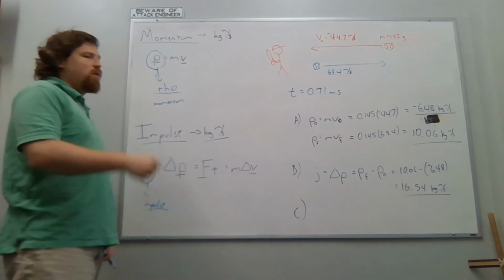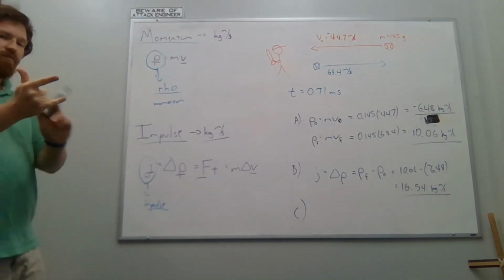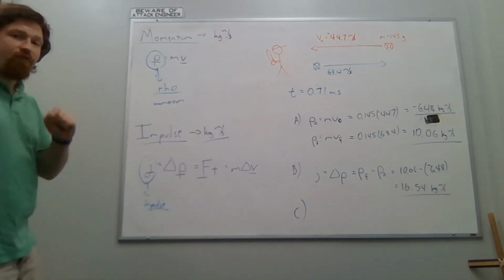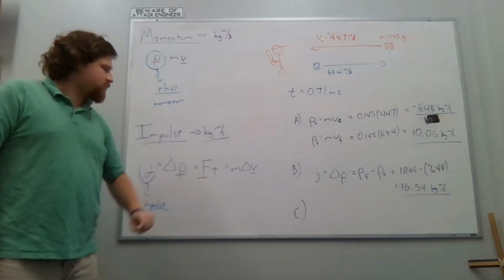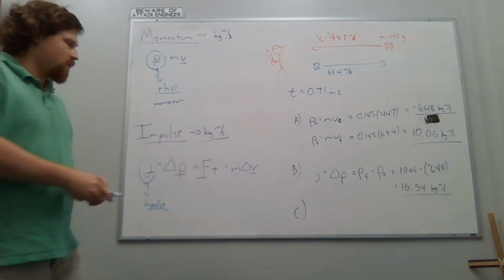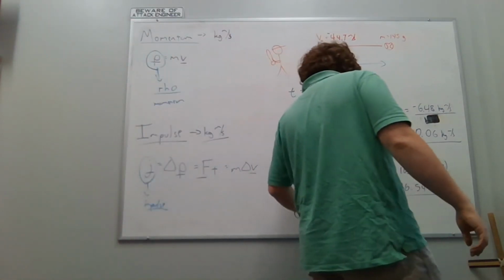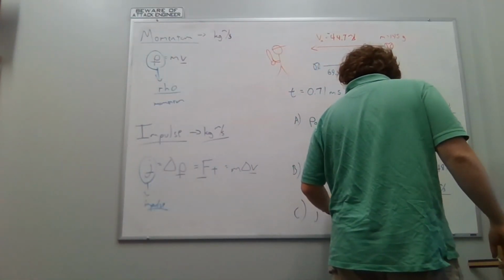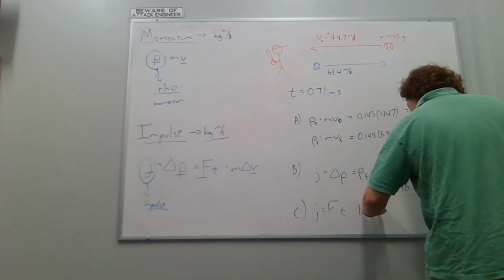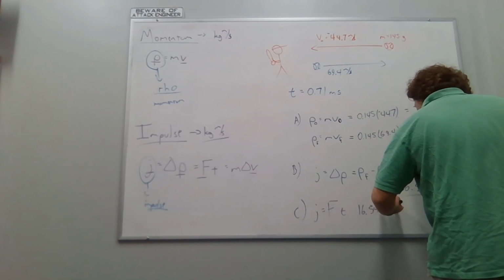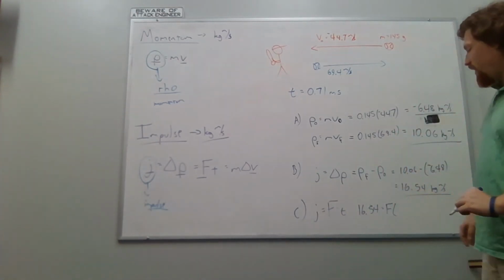So we know impulse and time and want force. So the formula we can utilize is impulse equals force times time. So impulse equals force times time. Our impulse is 16.54.